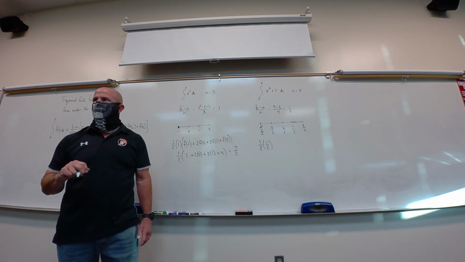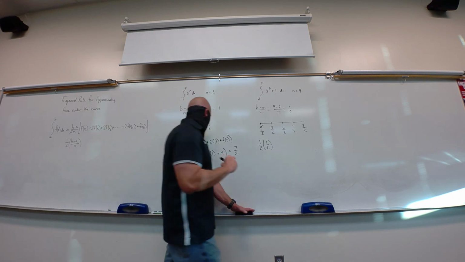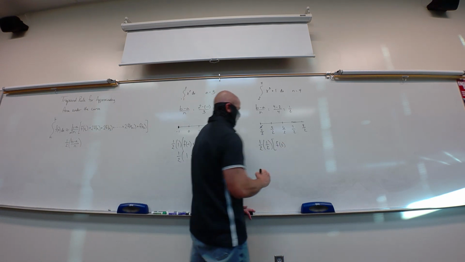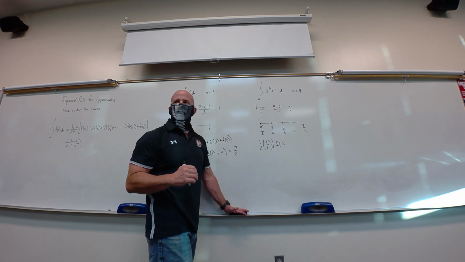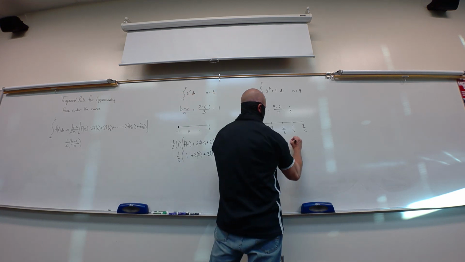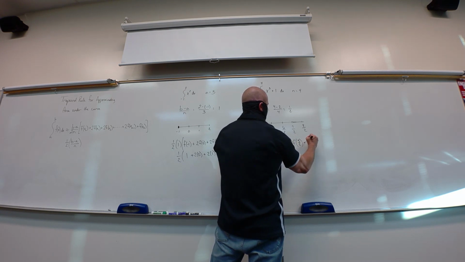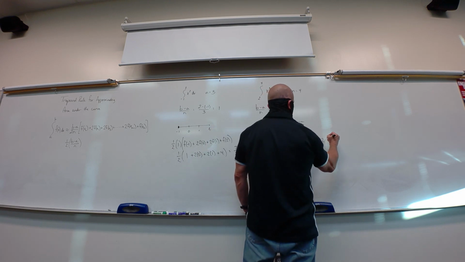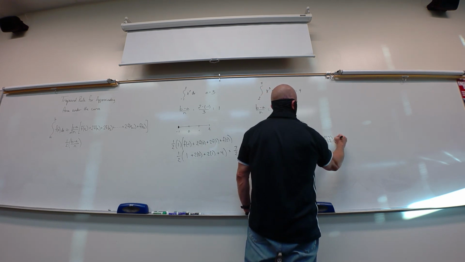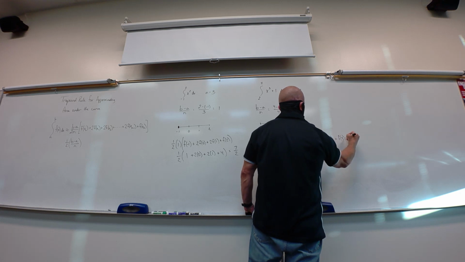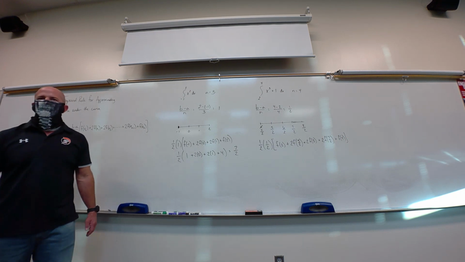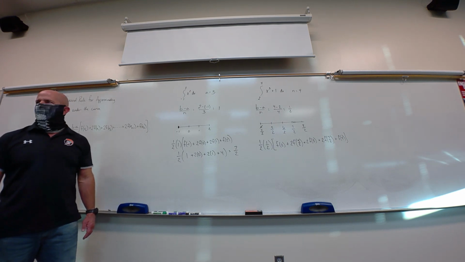Times f of 2, I just wrote 4 halves as 2, plus 2 f of 5 halves, plus 2 f of 3, plus 2 f of 7 halves, plus f of 4. Does everybody agree with that?